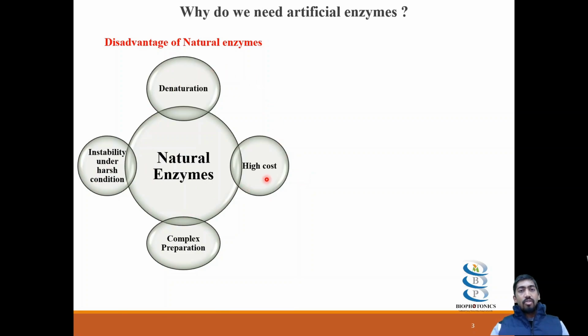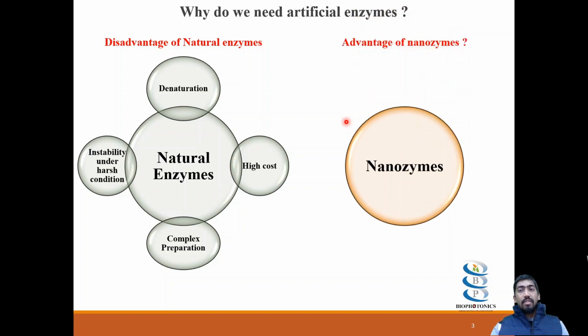Due to these drawbacks, researchers have tried to synthesize a new kind of material known as nanoenzymes. The advantage of nanoenzymes is that their catalytic activity can be easily tuned by just changing the morphology.